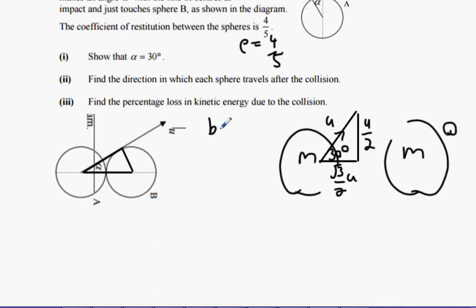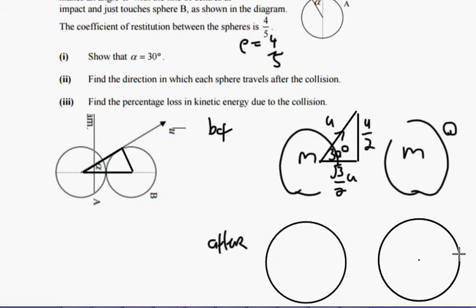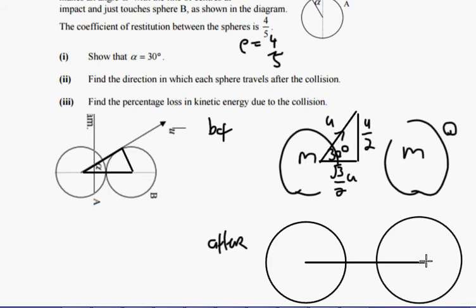Now this is the before picture. What about the after? So the after picture looks like what, guys? How did they collide with each other? They collide along their centers, so they collide along this line here. That means what about the U over 2? The U over 2 is preserved in the next part.